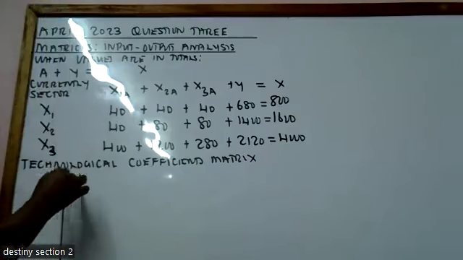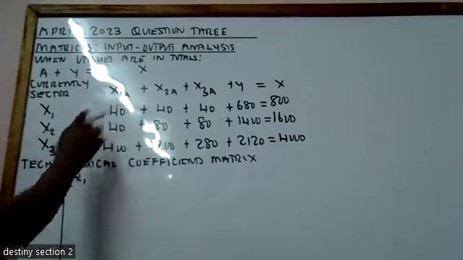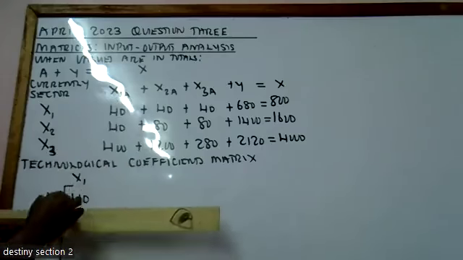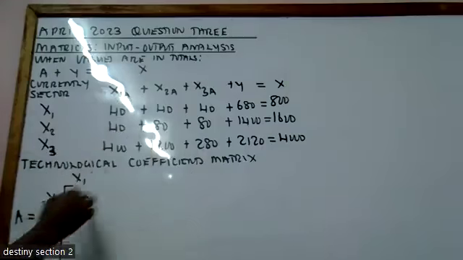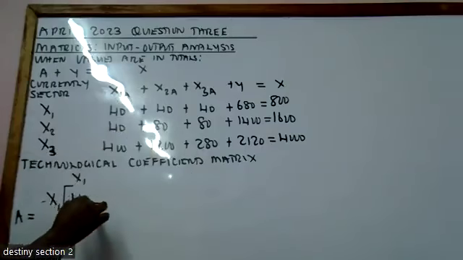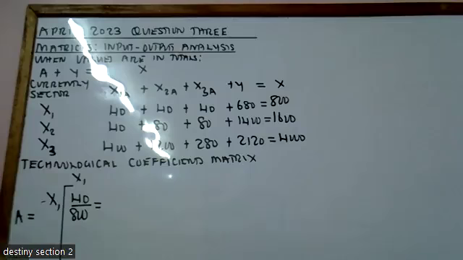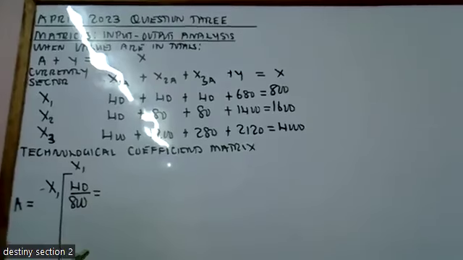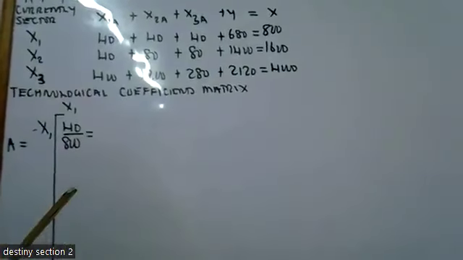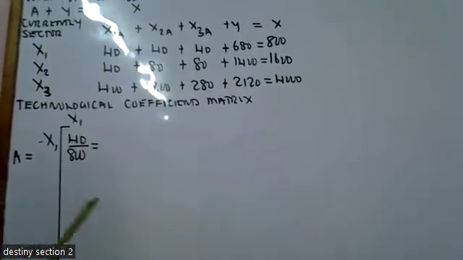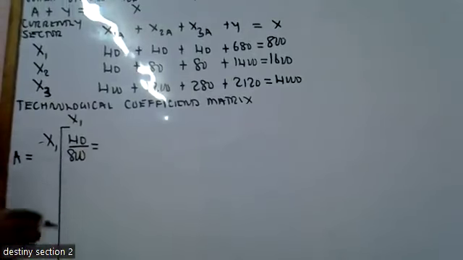You take this 40 and divide by 800. Give me the answer. 40 divided by 800 is what? Good, 0.05.